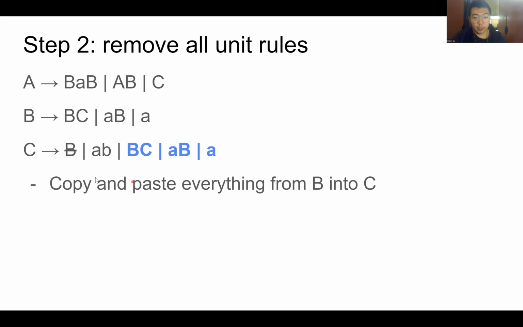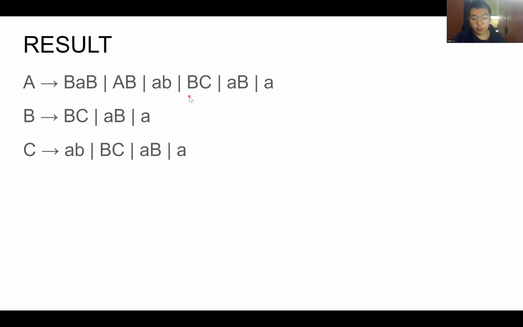So here in our third rule, C can generate B, but if we remove B, we have to copy and paste the entire thing over to here. And for A can generate C, now we take the entire C's transition right here and copy it all over to A's transition. And that's our result.